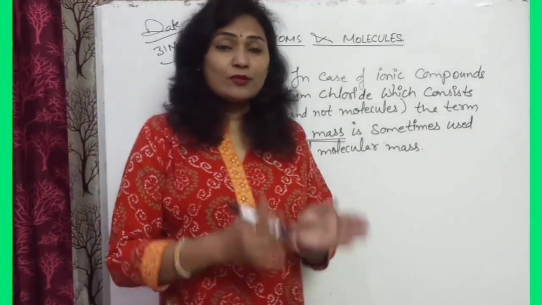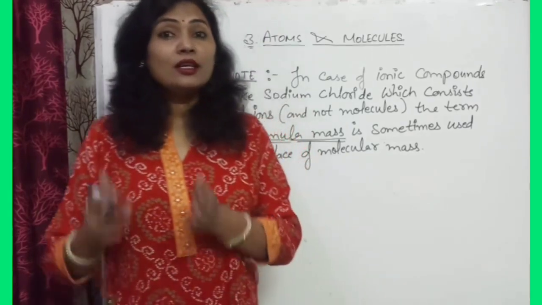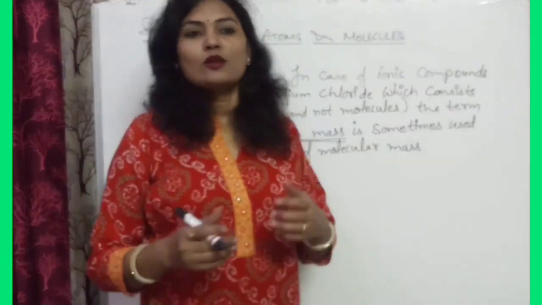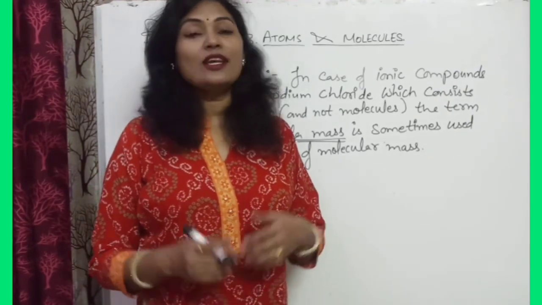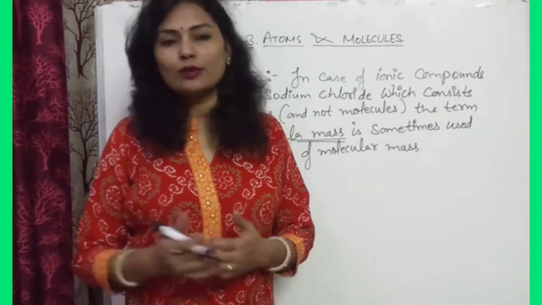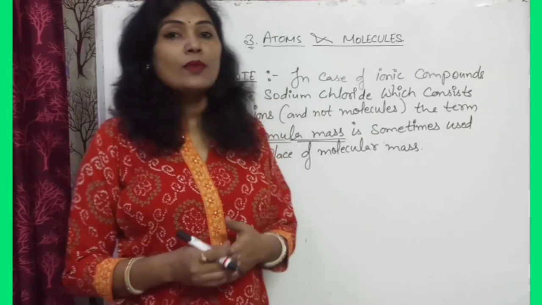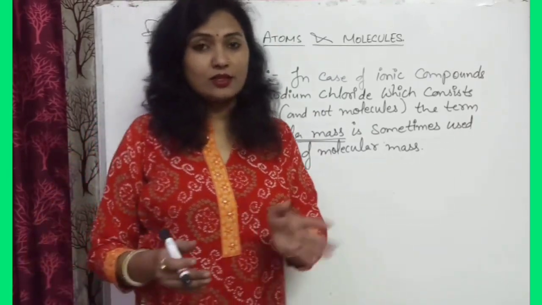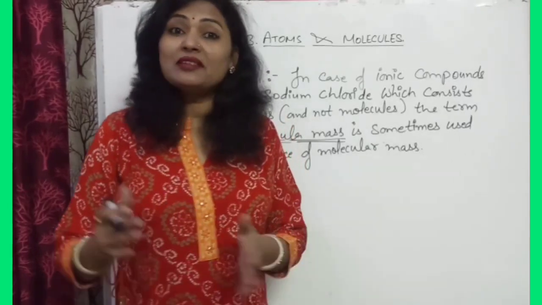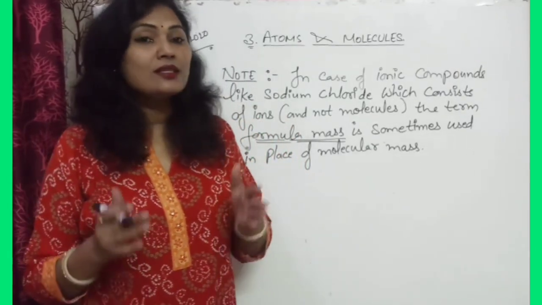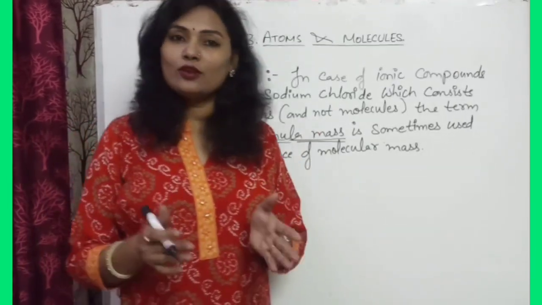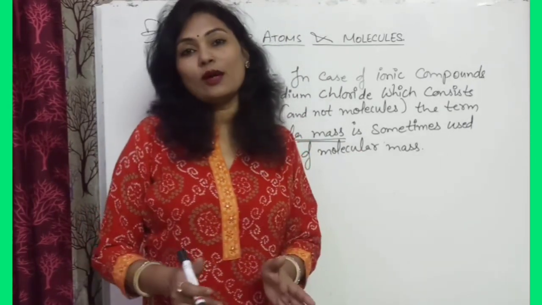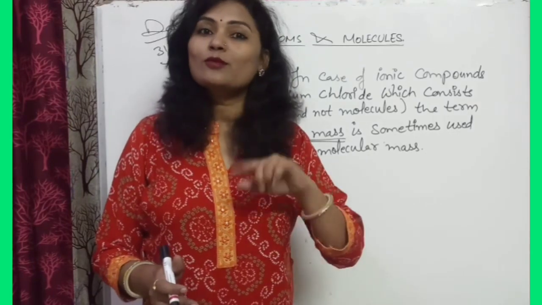It is compulsory that you should learn what formula unit mass or formula mass is. In the case of ionic compounds like sodium chloride, sodium carbonate, potassium chloride, these consist of ions, cations and anions, so they do not contain molecules. So the terms formula unit mass or formula mass are used, not molecular mass.